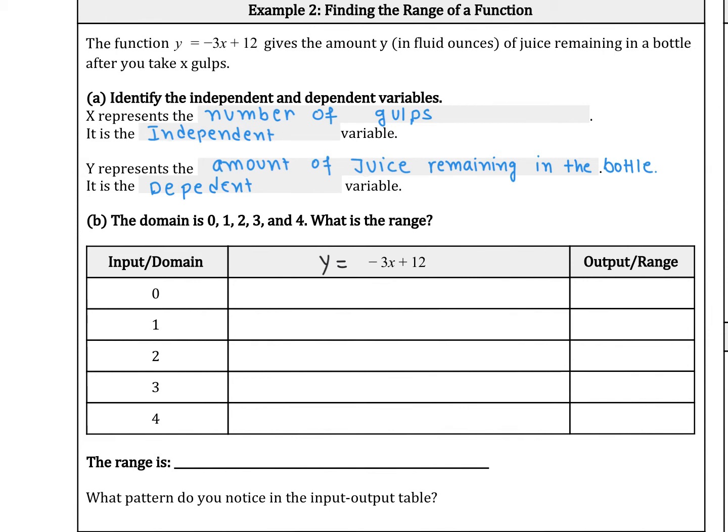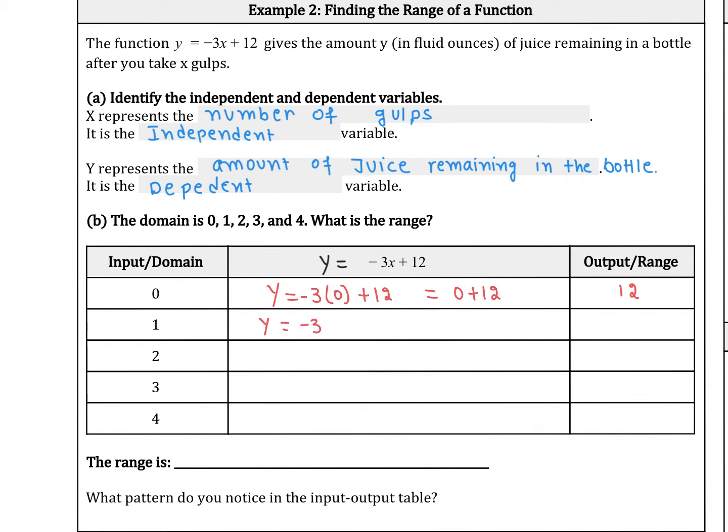Our very first value is 0. So we're going to use 0 as the x value. Negative 3 times 0 plus 12. That's going to be 0 plus 12, and the output we find is 12. My next value is 1, so x is 1.